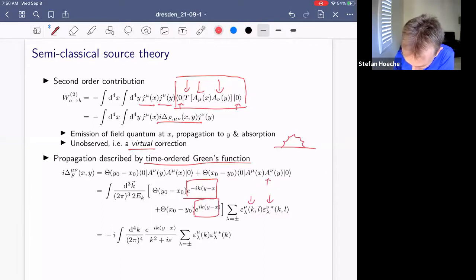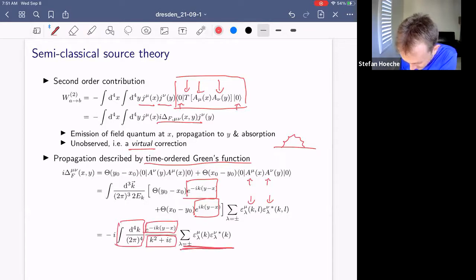If I go over the two gauge fields, I will obtain a sum of products of polarization vectors, which encapsulate the spin structure of the gauge field. In the end, after putting everything together, I will obtain the familiar form of the Feynman propagator in position space, which is why I will have to perform this Fourier transform here. The important thing is you get this sum over the polarization states.